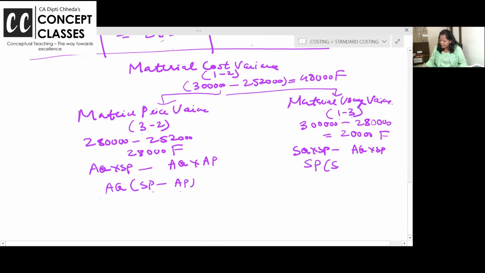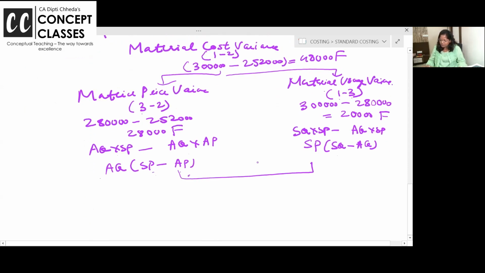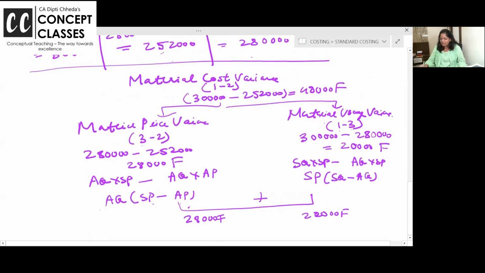Take standard price outside: standard quantity minus actual quantity. Here, actual quantity, take it outside: price difference. This is usage difference. And if you add both, 28,000 favorable plus 20,000 favorable gives 48,000 favorable.